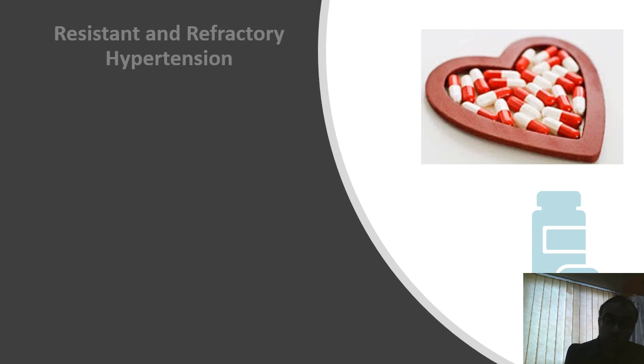Last, we have a brief overview about resistant and refractory hypertension, and the difference between both. Resistant means hypertension that cannot be controlled by three or more medications, including diuretics, while refractory refers to hypertension that cannot be controlled by 5 or more antihypertensive medications.